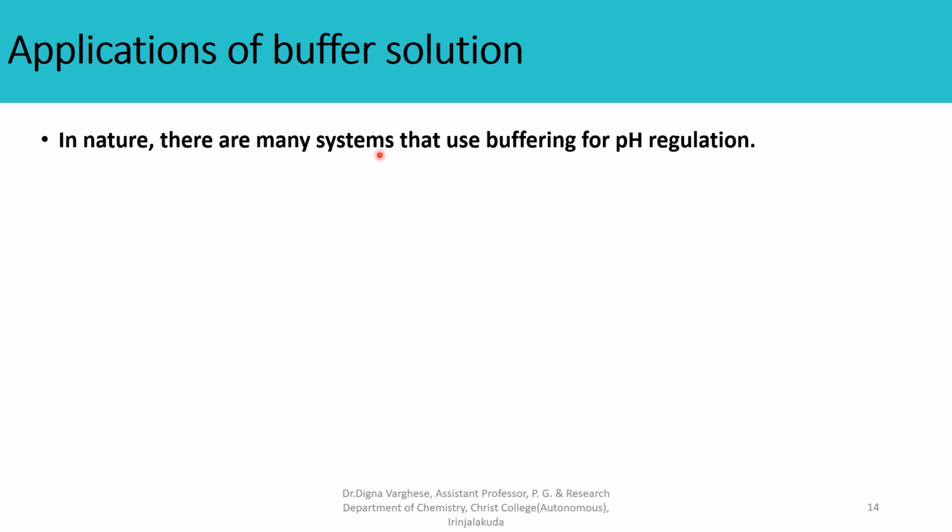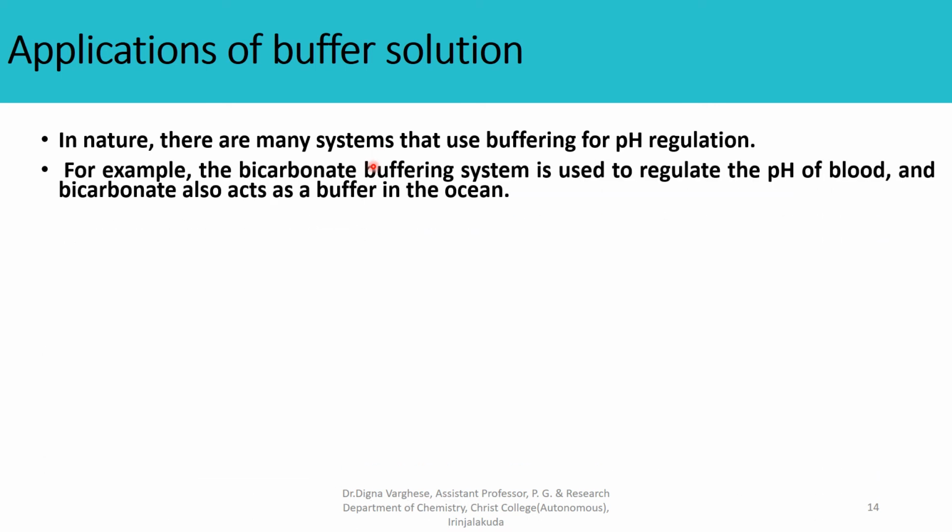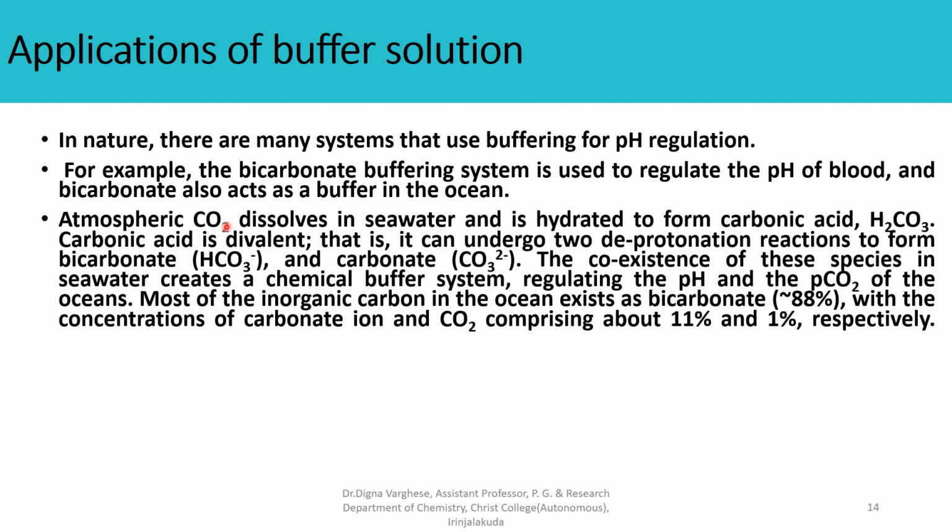In nature, there are many systems that use buffering for pH regulation. For example, the bicarbonate buffering system is used to regulate the pH of blood, and bicarbonate also acts as a buffer in the ocean. In the ocean, atmospheric carbon dioxide dissolves in seawater and is hydrated to form carbonic acid. Carbonic acid is diprotic, so it undergoes two deprotonation reactions to form bicarbonate and carbonate.